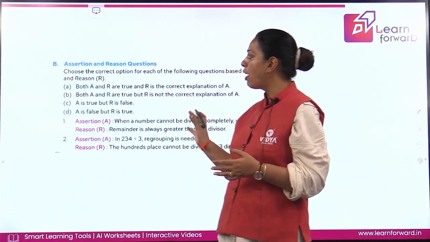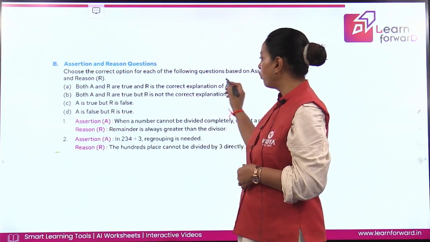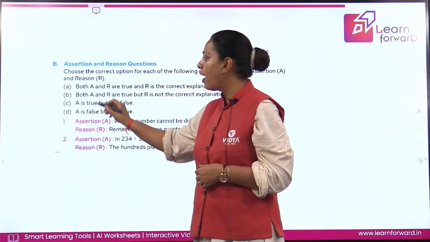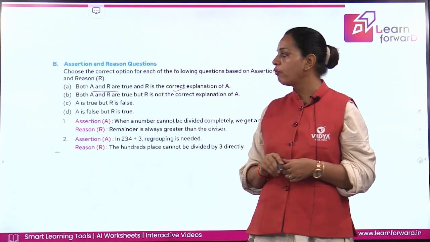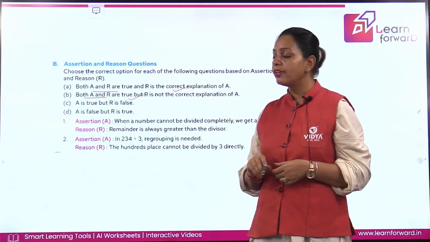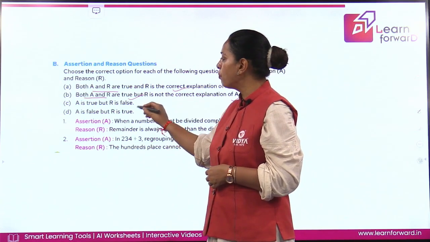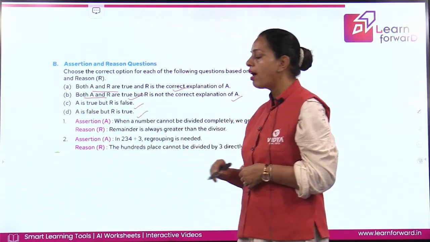Now we are talking about assertion and reason based questions. Choose the correct option for each of the following questions based on assertion A and reason R. A part, both A and R are true and R is the correct explanation of A. B part, both A and R are true but R is not the correct explanation of A. C, A is true but R is false, and D, A is false but R is true.